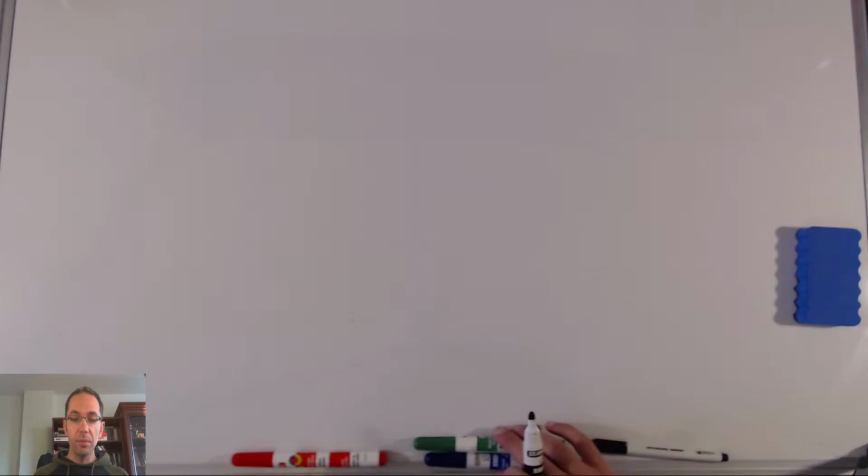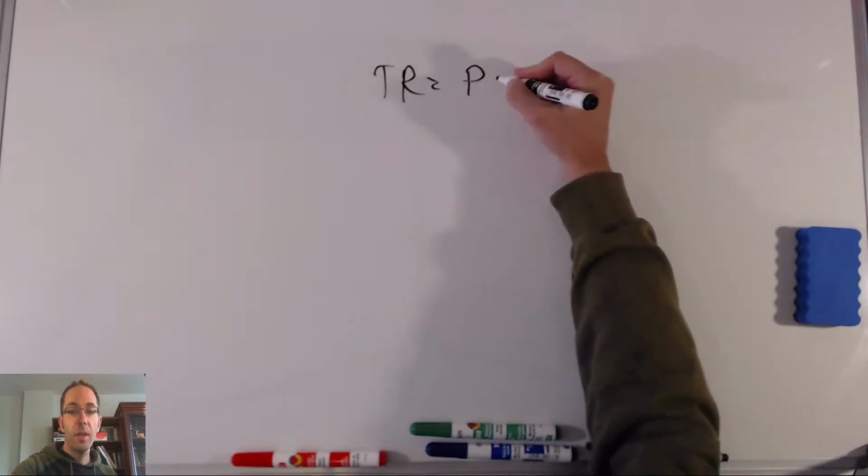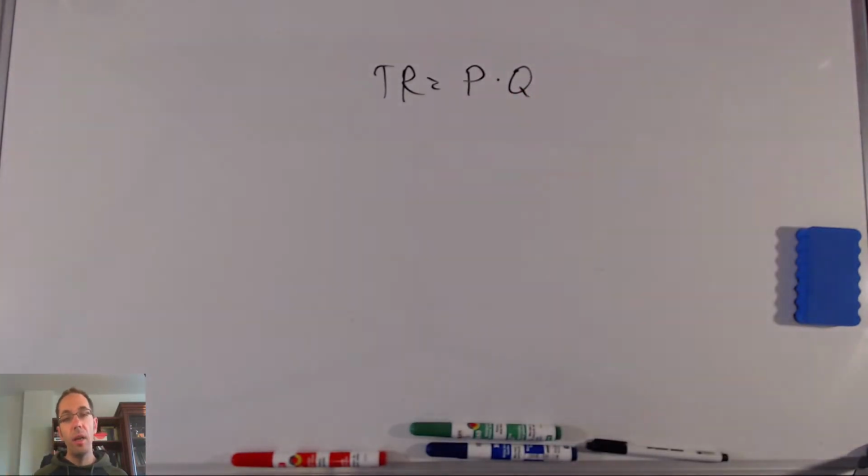More specifically speaking, total revenue would be equal to the price times the quantity of a product. And this will be the case when the firm is simply selling one product. Imagine that the firm is selling several products and each product has its own price.